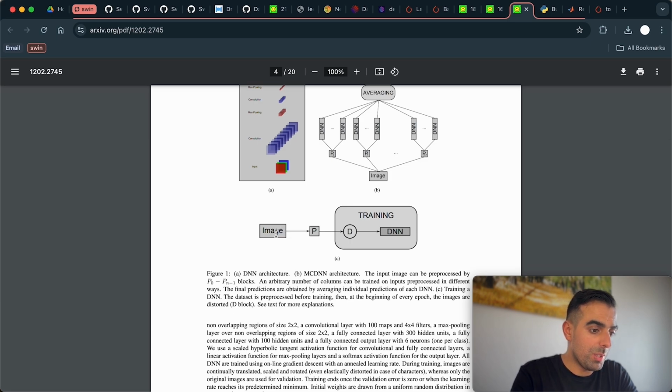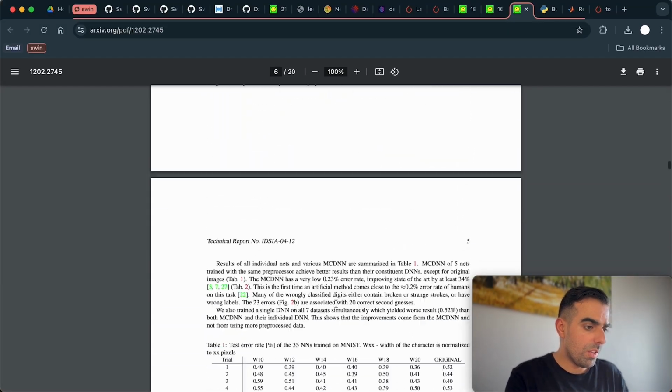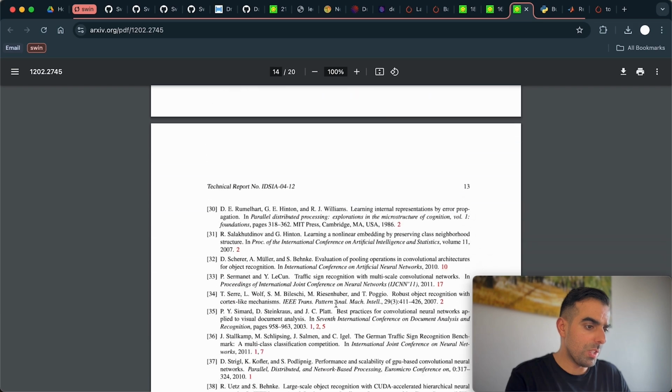This figure here, images P. What does P stand for? P stands for pre-processing. So they pre-process the images before training. What pre-processing is done, it's just like reducing the image size. They mentioned some operations here in the appendix.